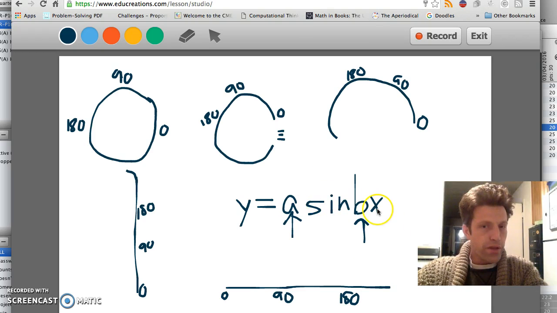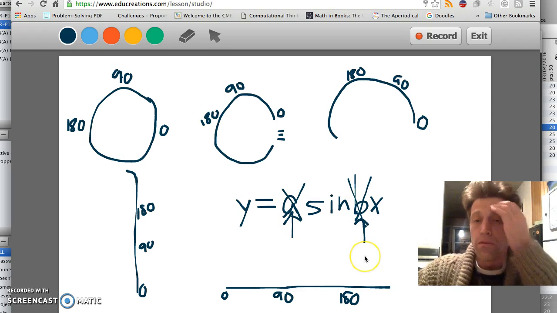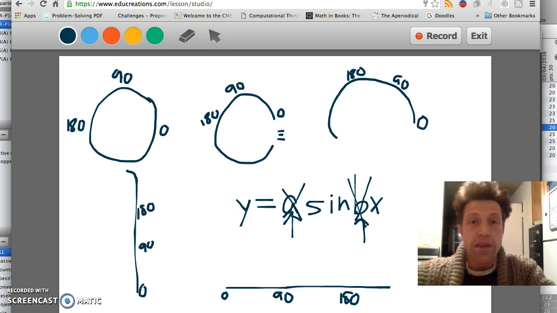Really all we did was plug in a value and sine it and see what happens, so we were not really using them. So without the a and the b, we have y equals sine x.